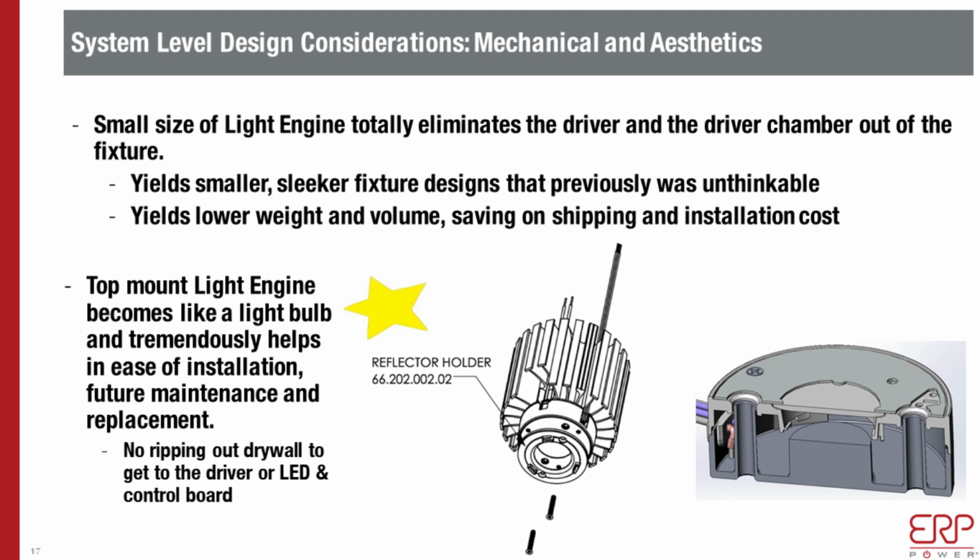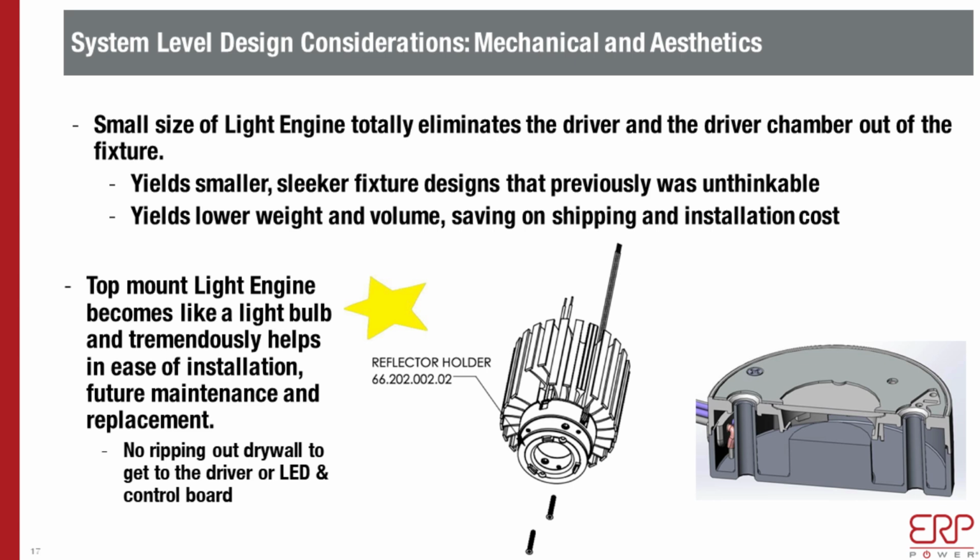On the left-hand picture, you can see that two screws mount the module to the heatsink, plus the holder as well. The reflector holder also uses them, so one set of screws tightens down the holder and the module to the heatsink all in one.